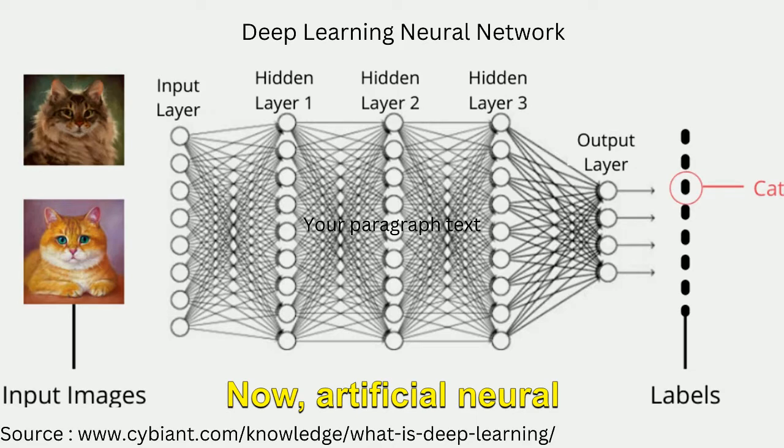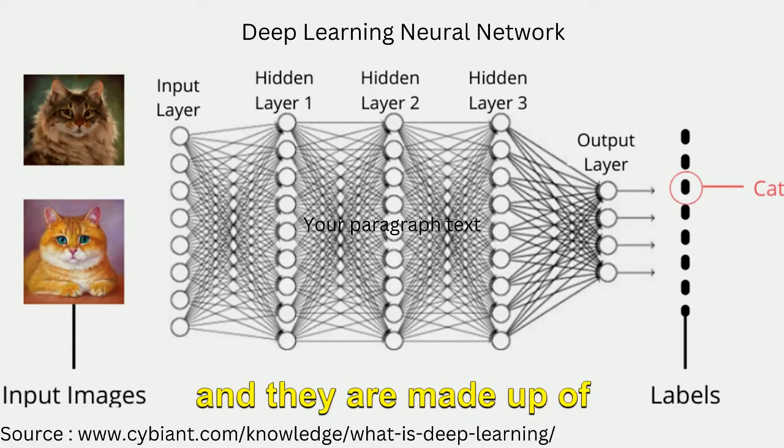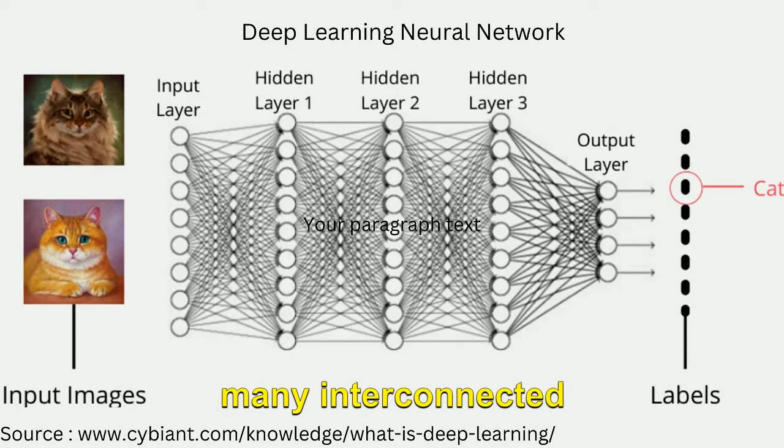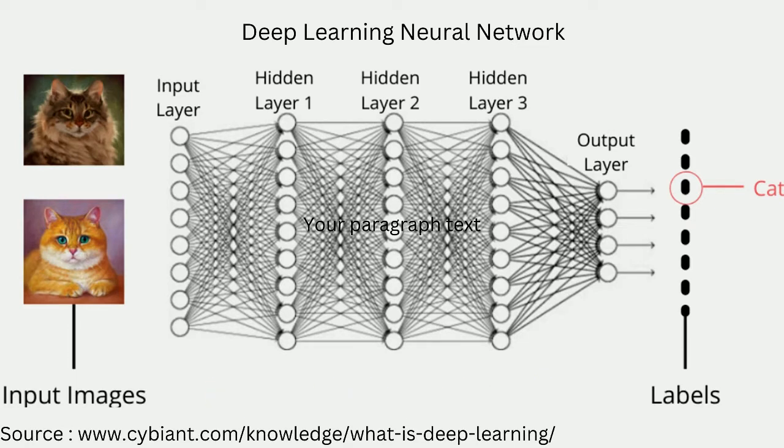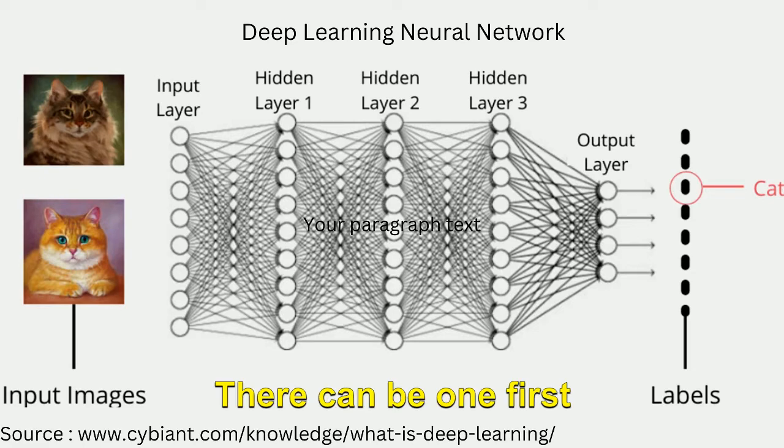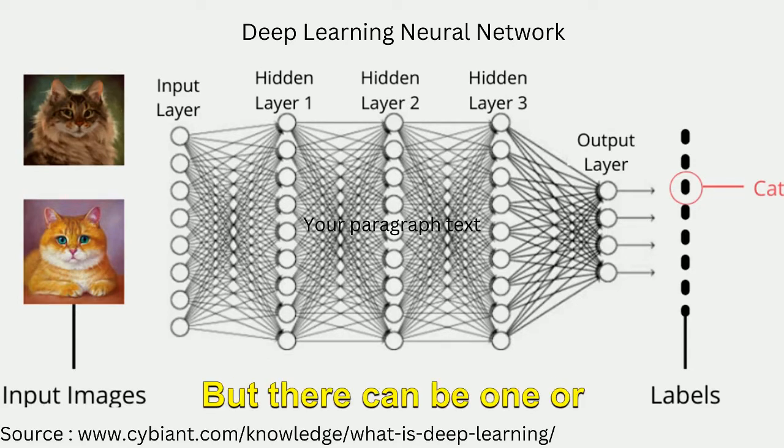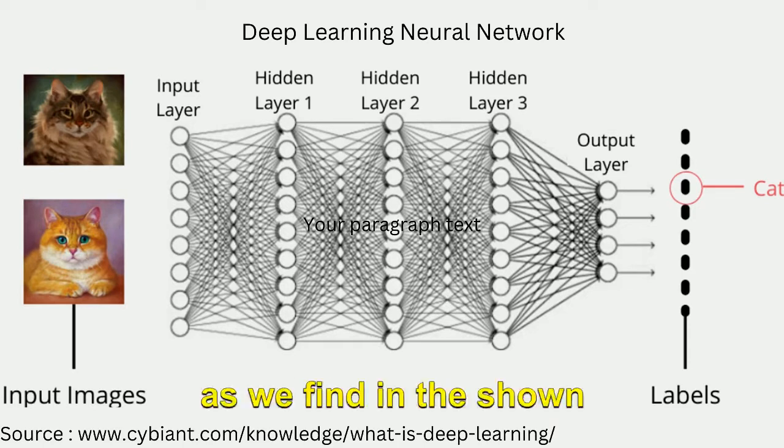Artificial neural networks are inspired by the human brain and are made up of many interconnected nodes called artificial neurons organized in layers that can learn to recognize patterns in data. There can be one first layer called the input layer and one last layer called the output layer in an artificial neural network. But there can be one or more in-between layers called hidden layers, as we find in the shown example.